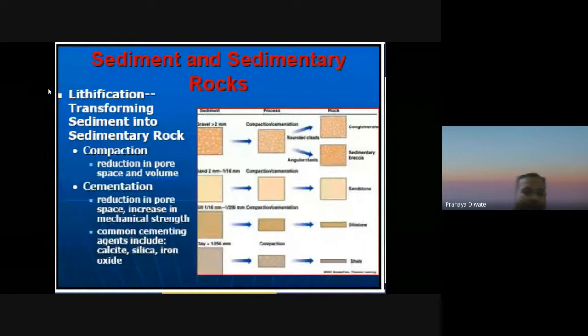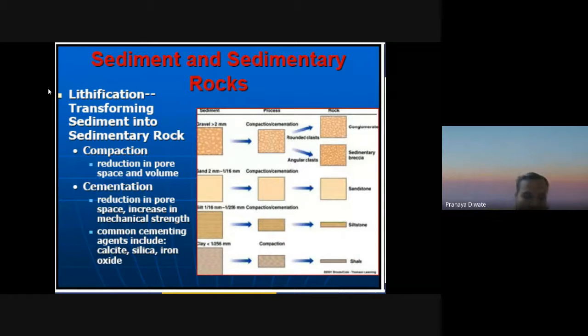So what is lithification? Now you have one term that is always used, that is lithification. So what is lithification actually?